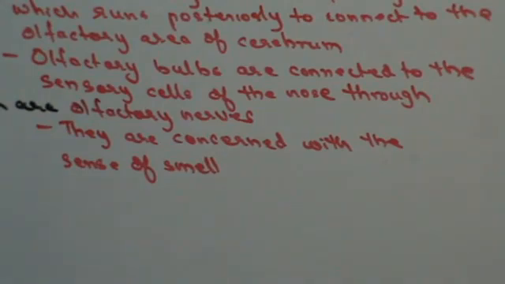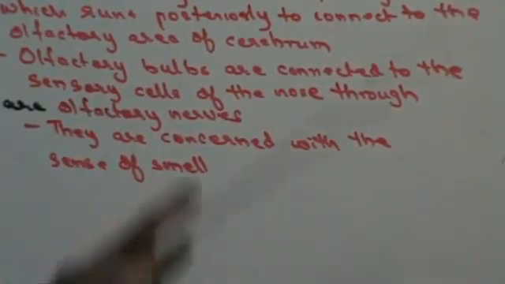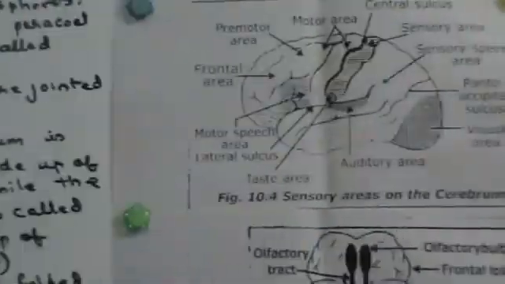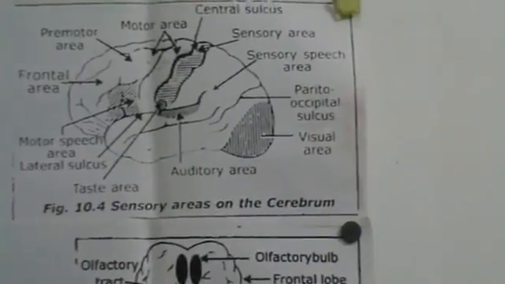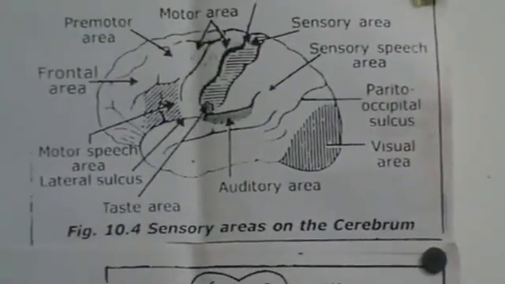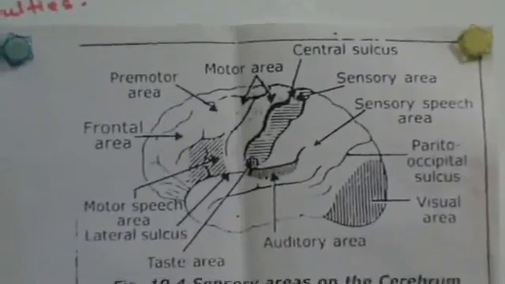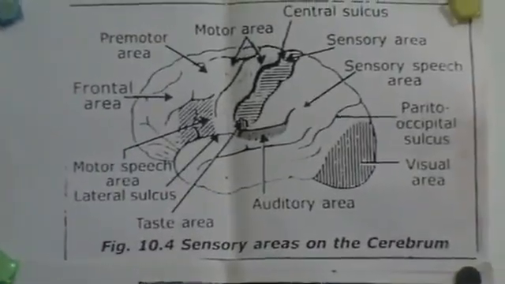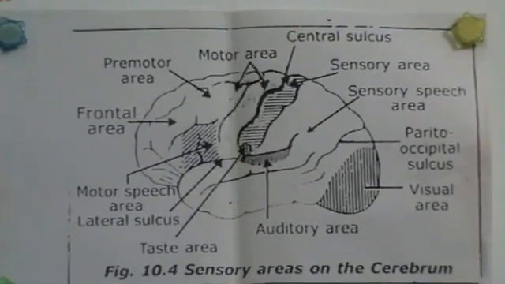There are three main depressions which divide the cerebrum into four lobes: the central sulcus, the lateral sulcus, and the parieto-occipital sulcus, right, which gives rise to four different lobes, which are your anterior frontal lobe, the middle parietal lobe, the posterior occipital lobe, and the lateral temporal lobe.